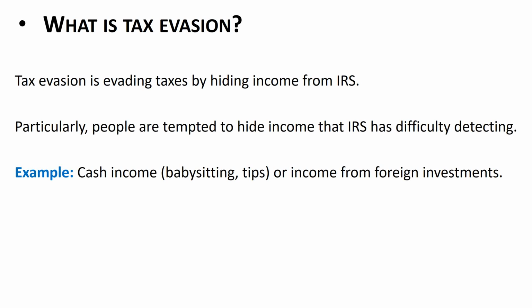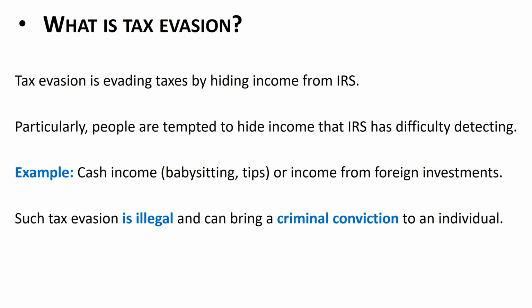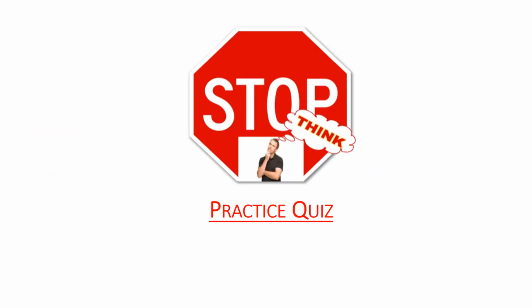Or income from foreign investments, particularly in countries where there is no need to pay taxes, so there won't be any paper trail on those things. So you may be tempted. But you're really hiding income, and that's tax evasion. And such tax evasion is illegal and can bring a criminal conviction to an individual.